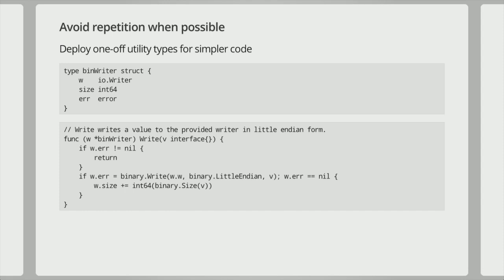Any type is an empty interface because an empty interface is all the types that implement at least no methods. So that's any type. It's like the equivalent in Java to Object. It's the global thing. So we're going to try to print that into binary. And if that doesn't fail, we will increase the size of bytes that we've written.